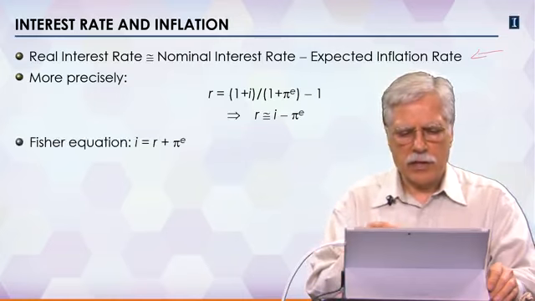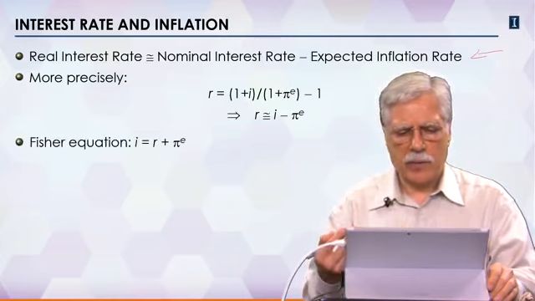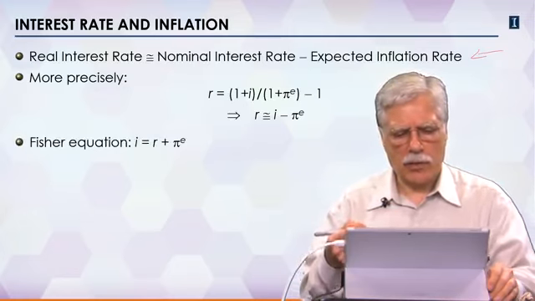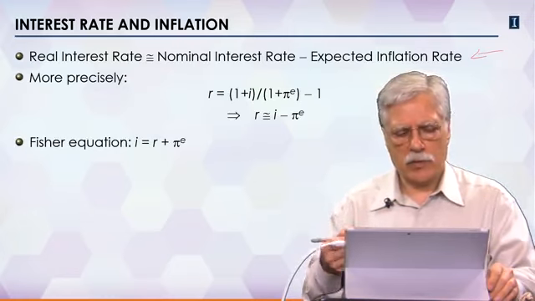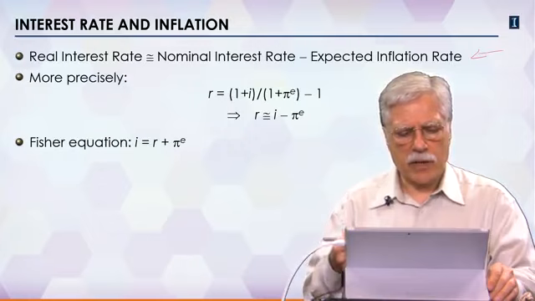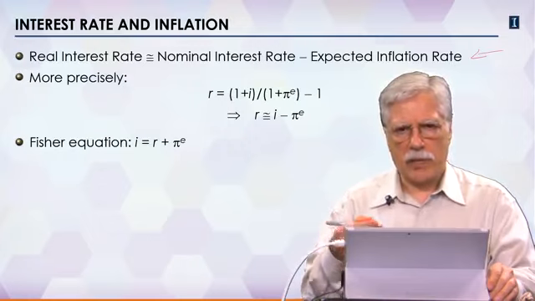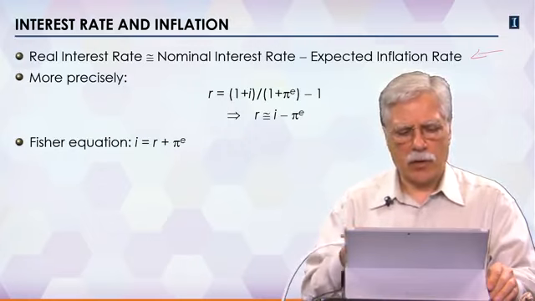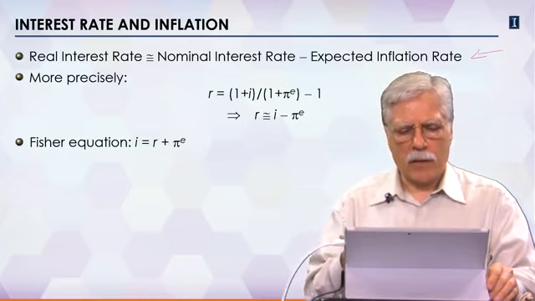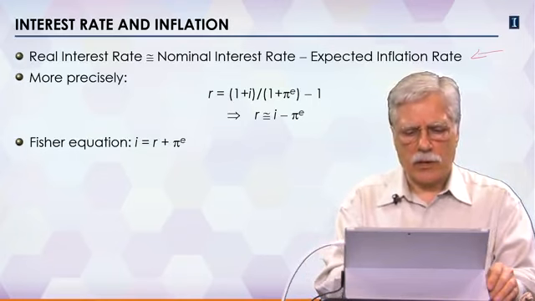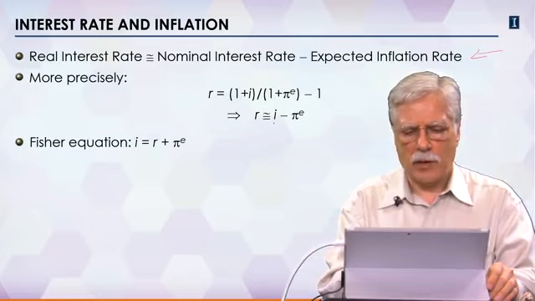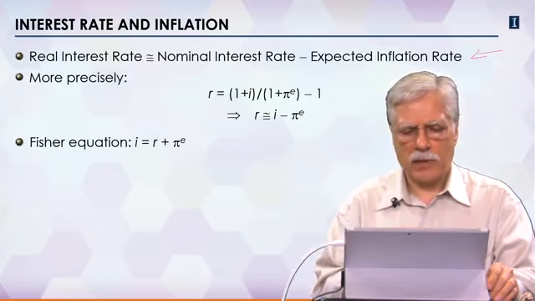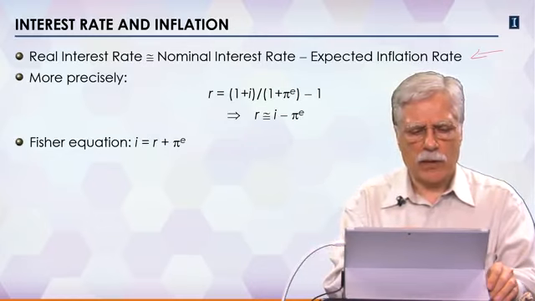This relationship can be interpreted in many different ways, but let me start with one interpretation which is historically very significant and is also the basis of a lot of thinking about long-run interest rates. One can write this equation, the relationship between real and nominal interest rates and expected inflation, in the following way.